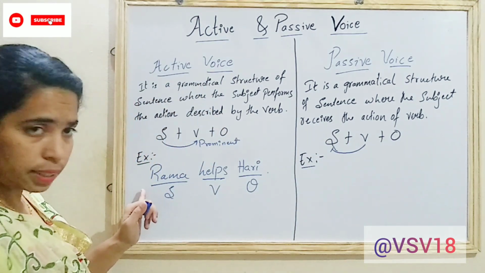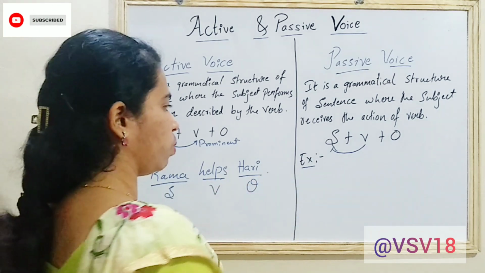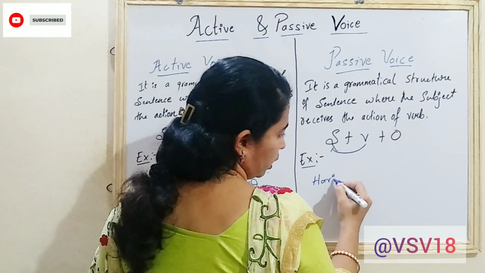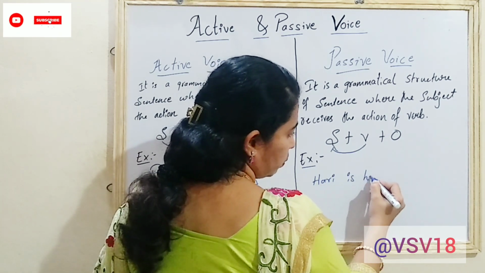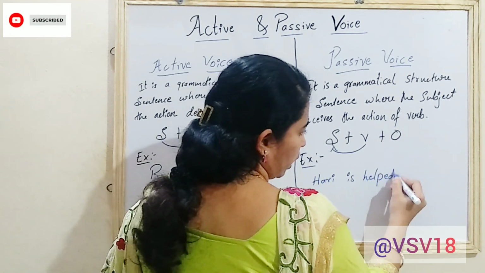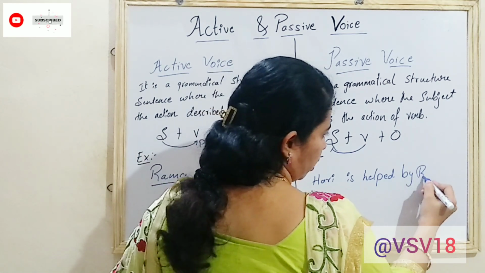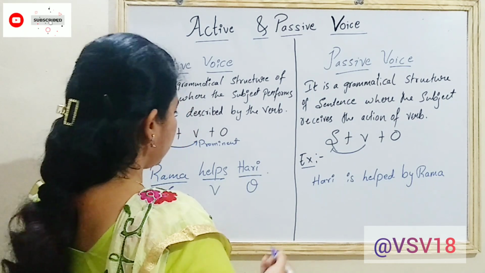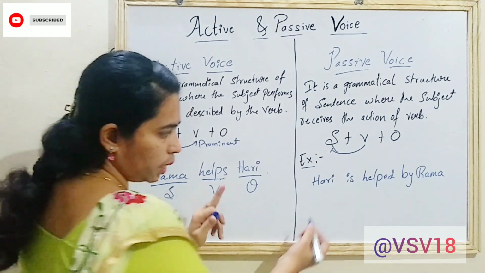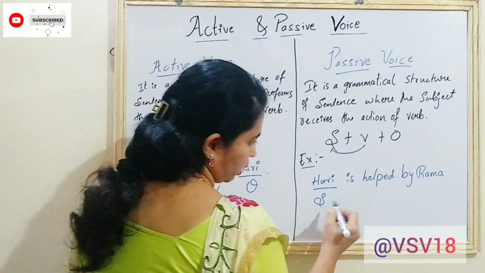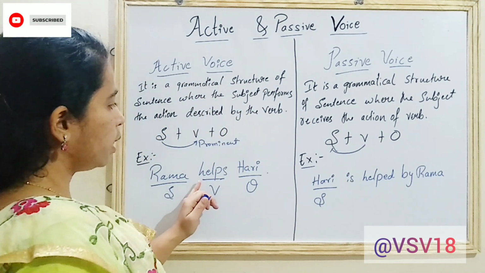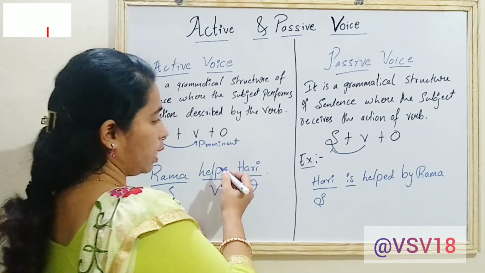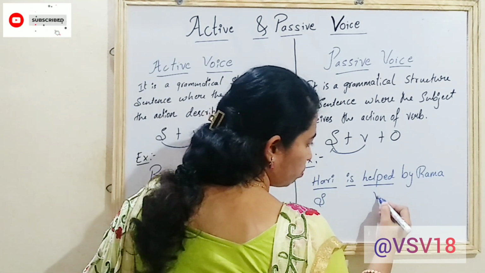If I write this statement in passive voice, it becomes: Hari is helped by Rama. So you can see that Hari, which was the object, has become the subject. To maintain the tense we have used "is", and "helps" becomes the verb form V3.